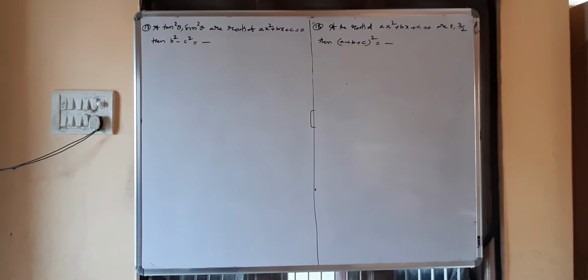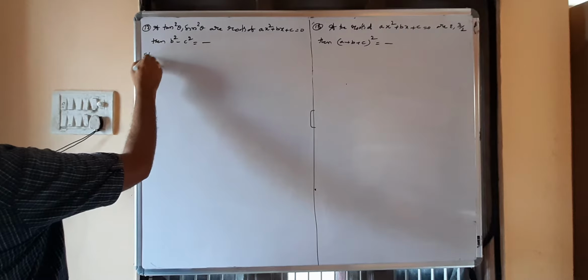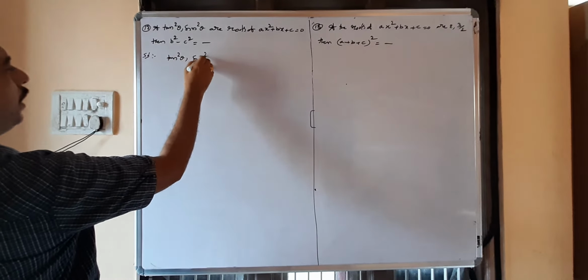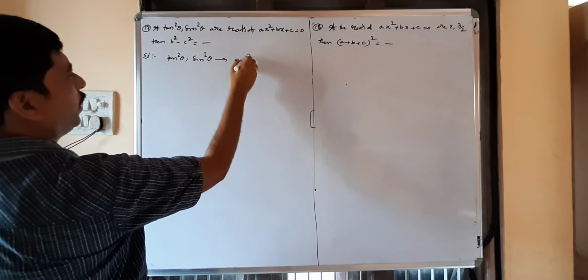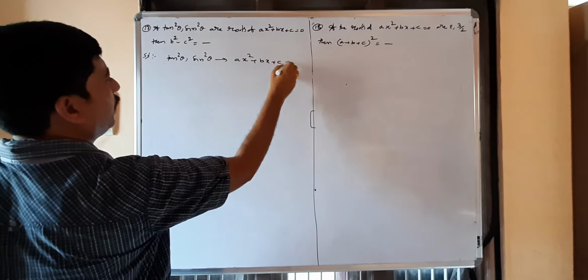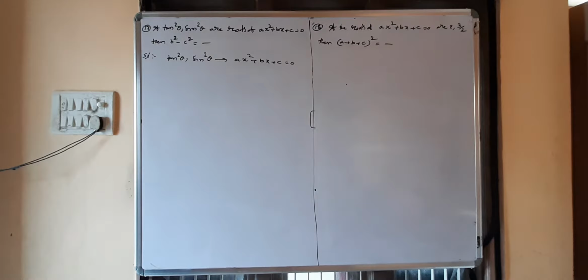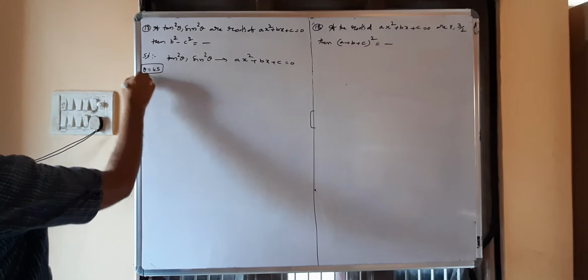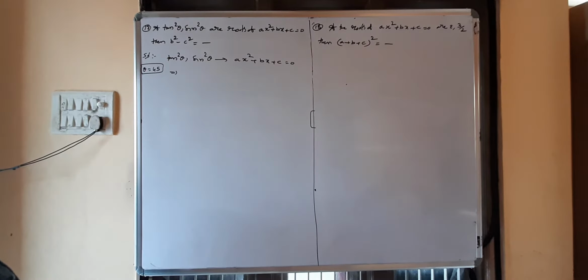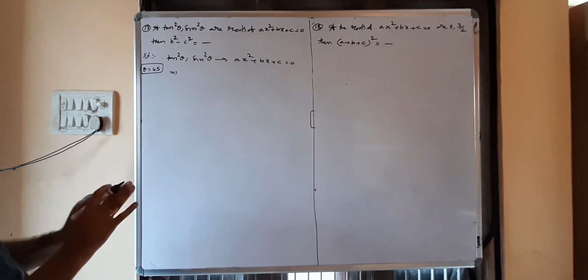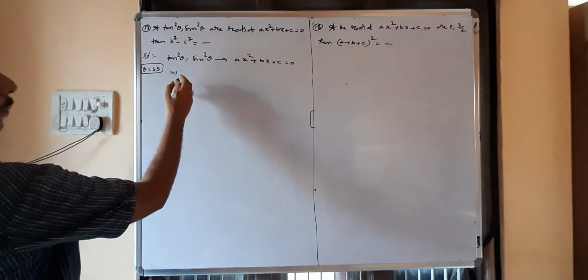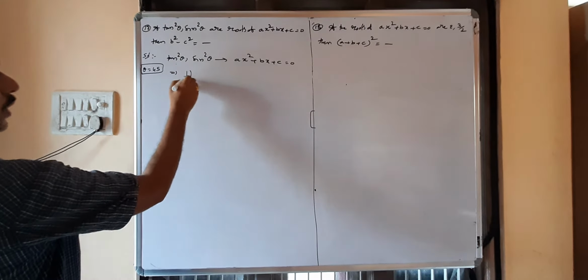See the question. Tan square theta comma sin square theta are the roots of ax square plus bx plus c. I will eliminate some possibilities. I will take theta equal to 45 degrees, since theta is a parameter, just for simple roots. Tan 45 is 1, and 1 square is 1.